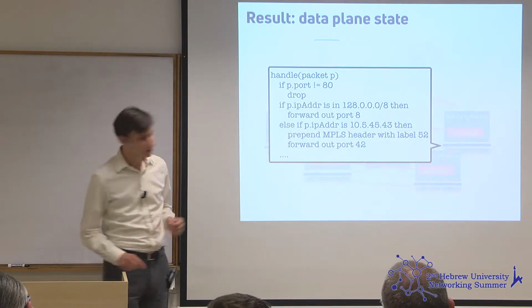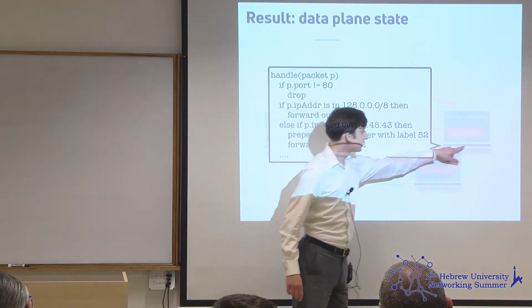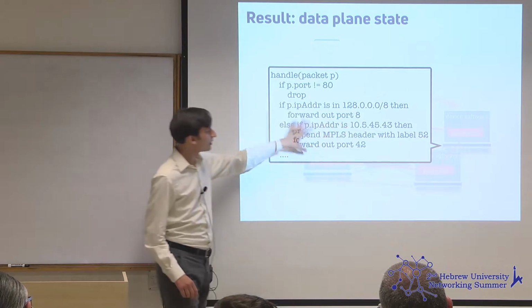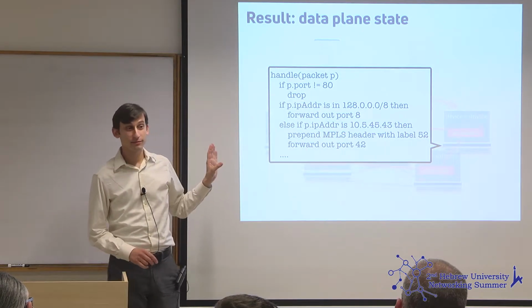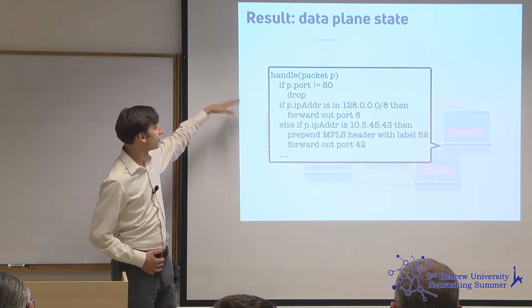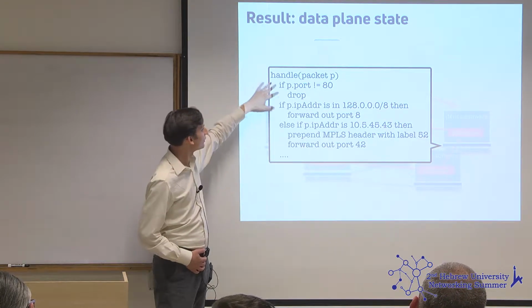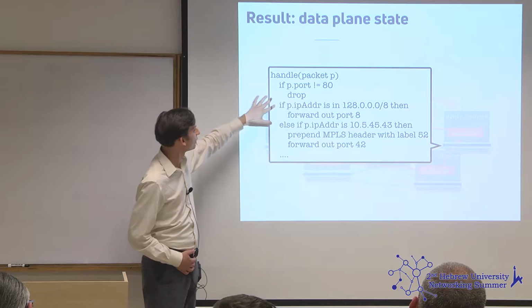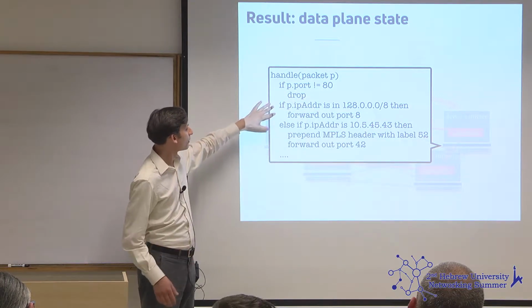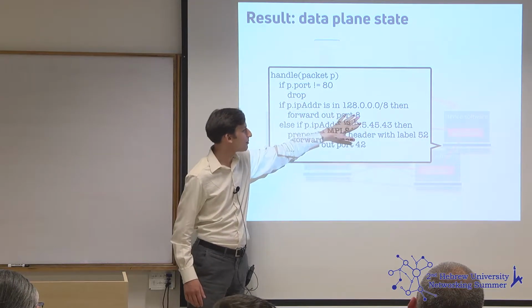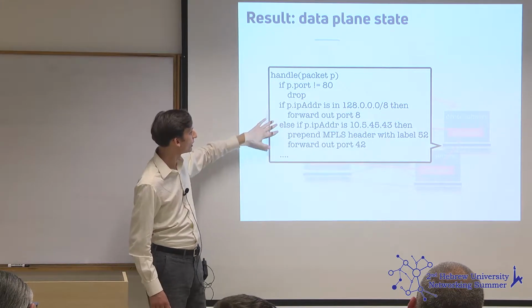So if we zoom into one of these, you can think of it as a little program in the data plane that has a format something like this. It might have a rule that says, okay, check if the port is 80, if not 80, then drop it. Otherwise, check if the IP address of the packet matches that prefix, if so, forward it, and so on.